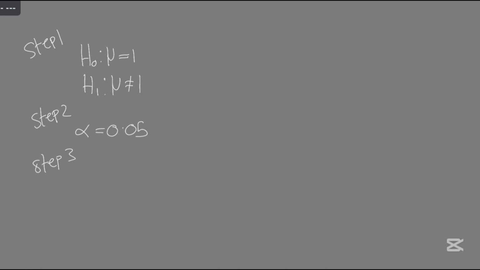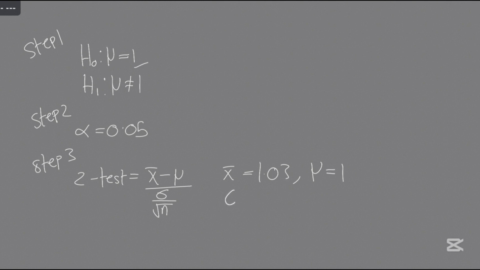And remember the formula for the z-test is your sample mean minus your population mean, divided by your standard deviation divided by the square root of n. From the question, our sample mean is equal to 1.03. Our population mean is equal to 1, that is from here.